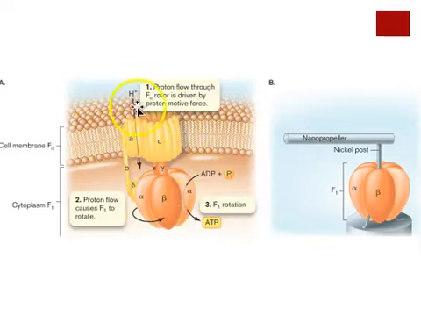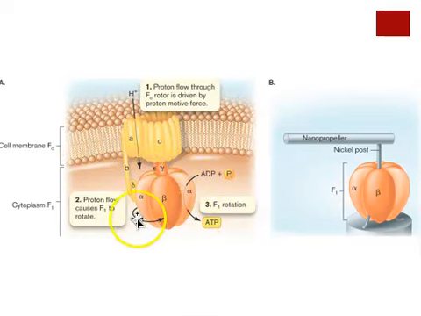This funny looking structure right here in yellow and orange, this is ATP synthase. We know the physical three-dimensional structure of ATP synthase. We know what it looks like. And part of it, the yellow part, is actually embedded in the cell membrane. This is the part that has a tunnel through it.